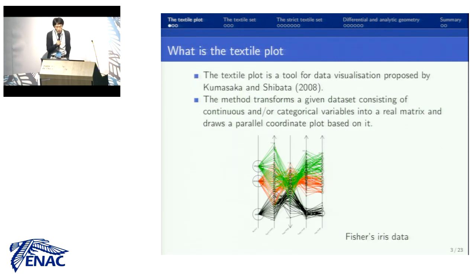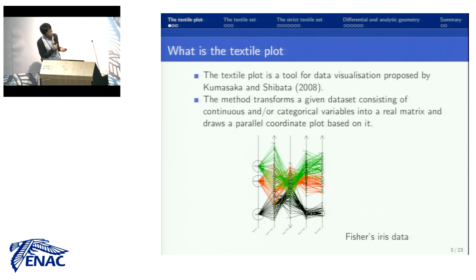So let me remind you of the textile plot. What is the textile plot? The textile plot transforms a given data set or data matrix consisting of continuous and categorical variables into a real valued matrix and draws a parallel coordinate plot based on it.